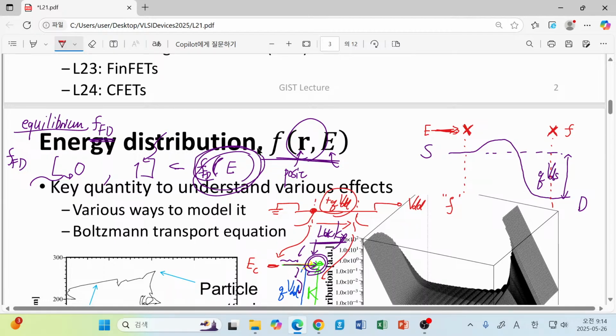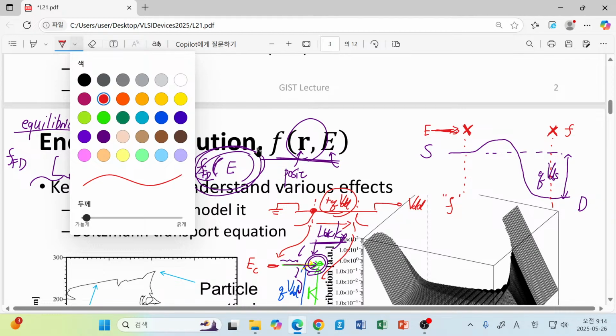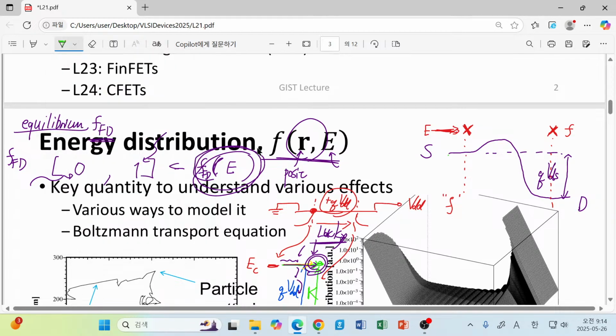Please note that in this case, since this is a highly doped source, you can guess that your Fermi level is near the conduction band minimum energy. Are you with me? In this case, you may have an F value which is quite close to number 1. Not exactly number 1, but anyhow it is a meaningful value.